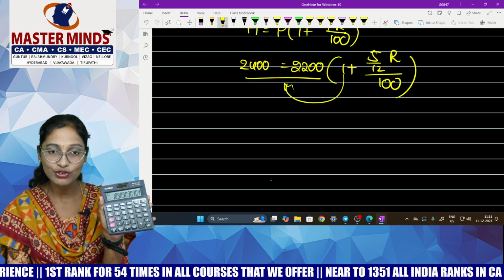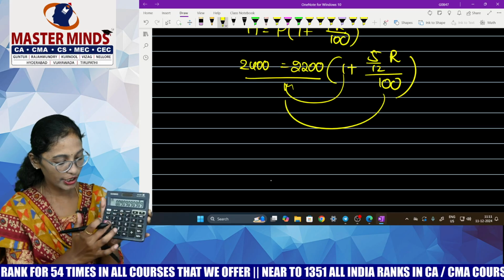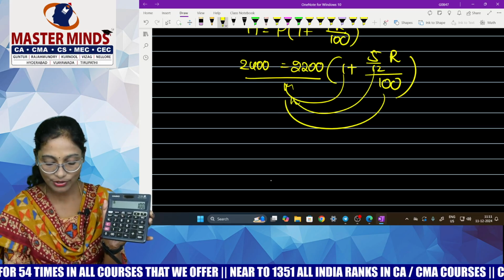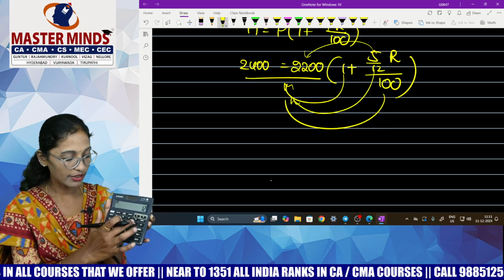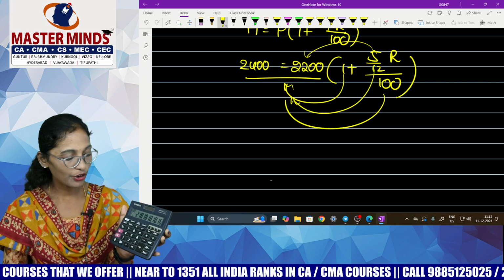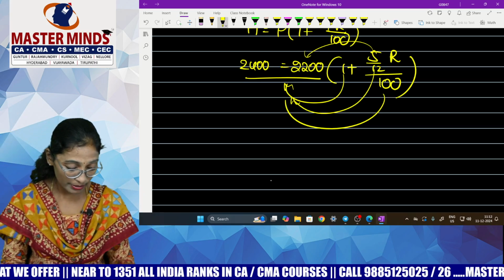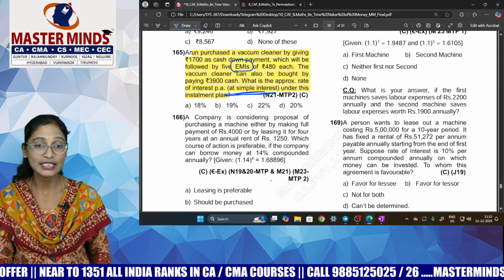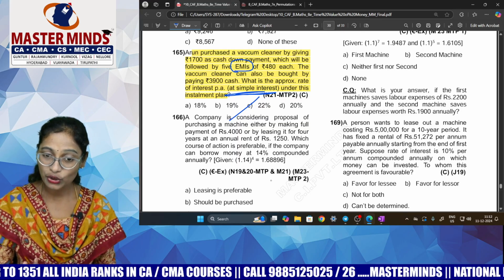If this 1 comes to the left side, minus 1. If this 100 comes to the left side, into 100. If this by 12 comes to the left side, into 12. If this 5 comes to the left side, divided by 5. May I know the answer? 21.8, and that can be approximated as 22%.